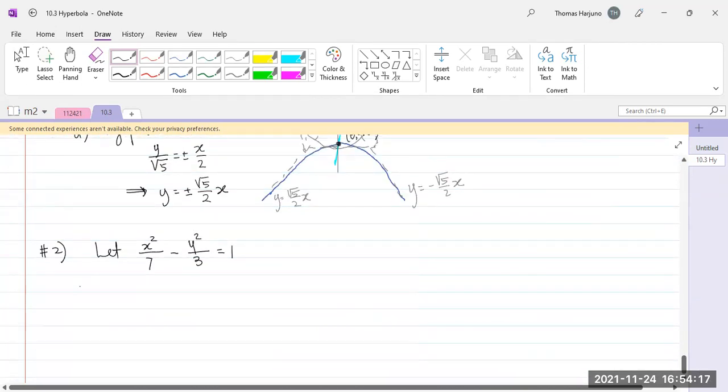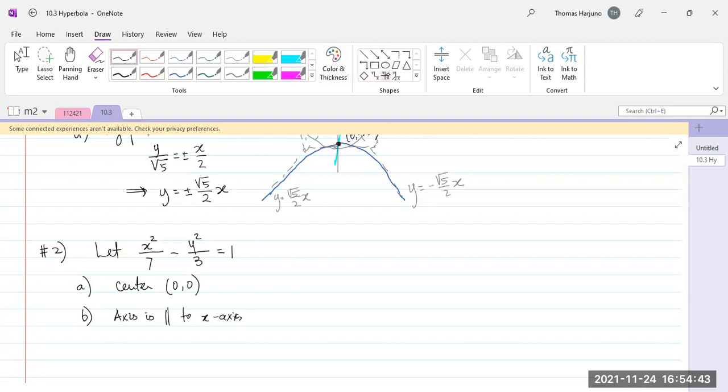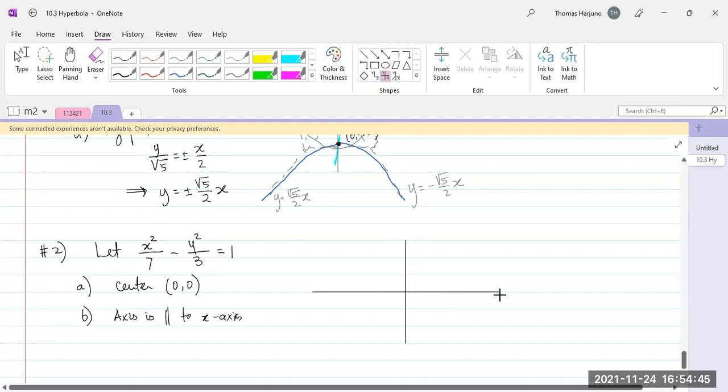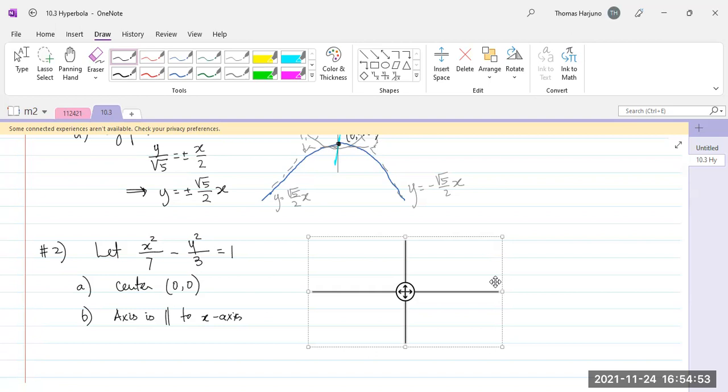Okay, so first one here, because we have x squared, y squared, the center is 0, 0. It's the origin. The transverse axis is parallel to the x-axis, and because the center is the origin, the transverse axis must be on the x-axis.